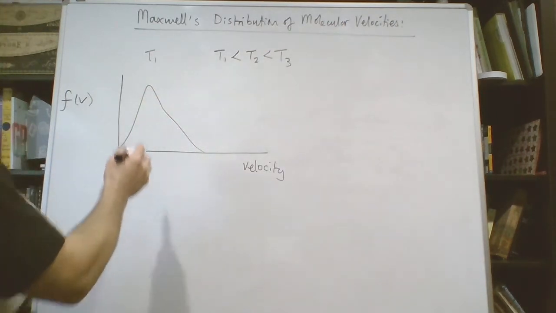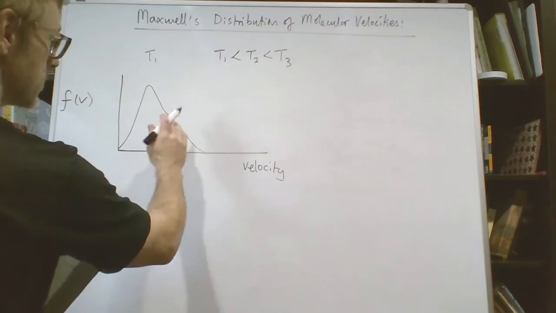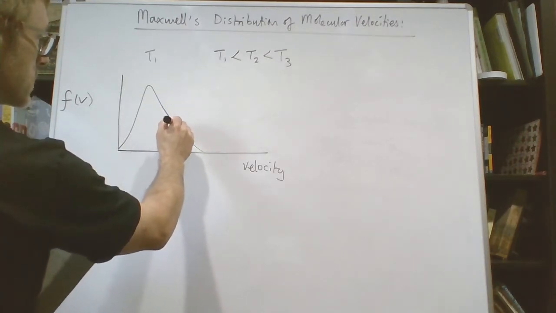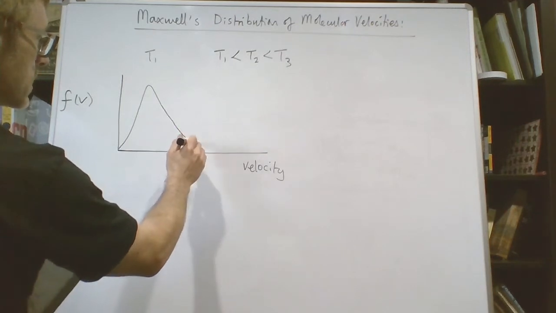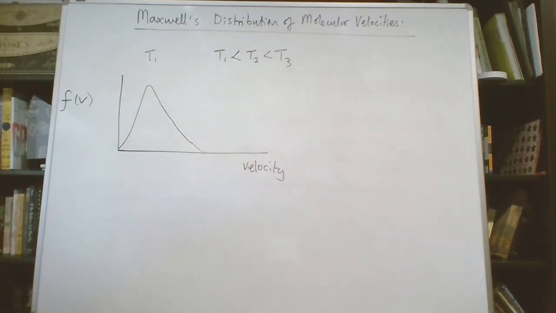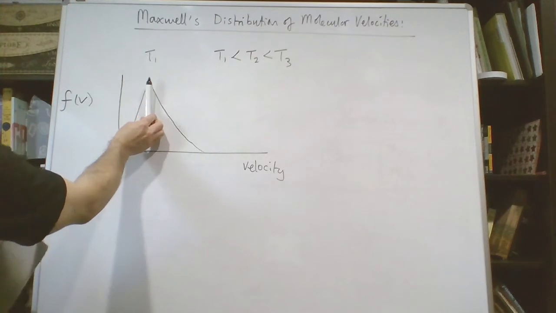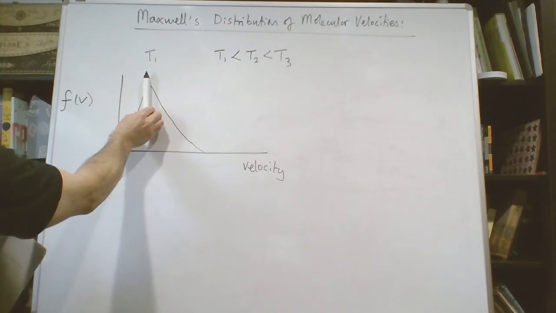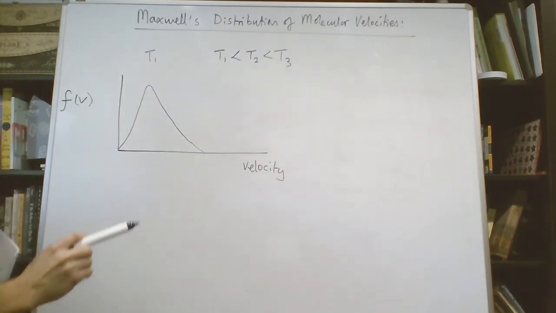I'm trying to show you that the right side is larger than the left side. So this is not a straight Gaussian. That's what I'm trying to show you. So if I were to put a mirror image right in the middle, it's asymmetric. There's more area to the right of the peak than to the left. That's what I'm trying to show you.